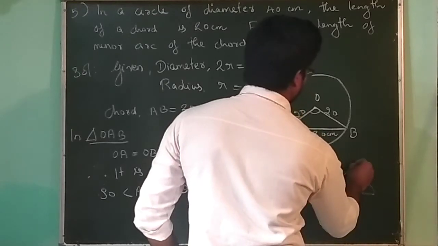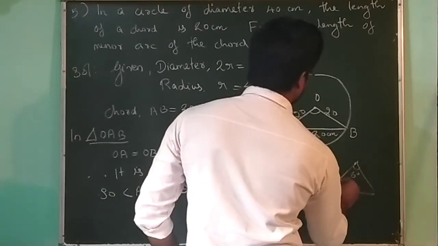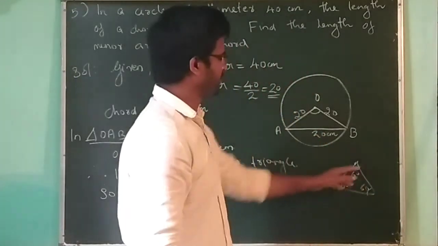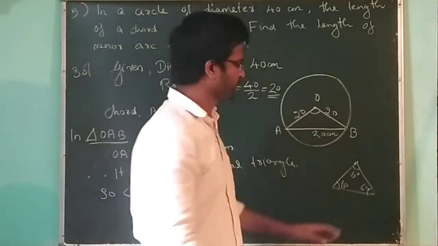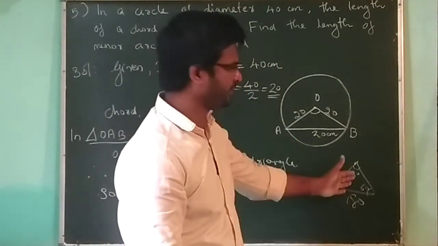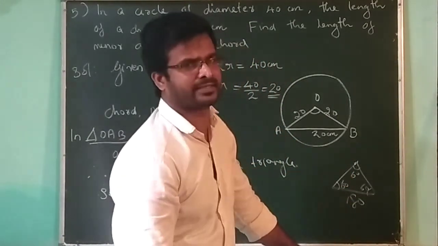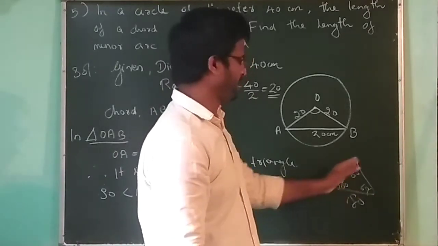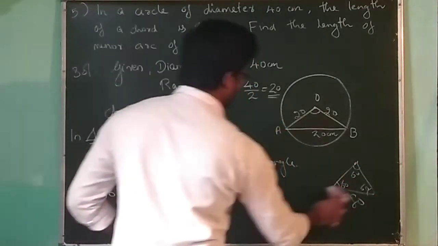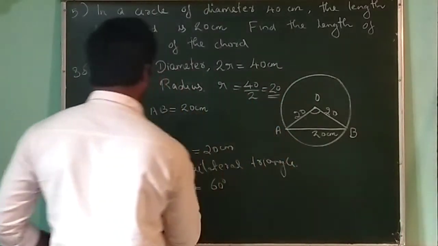All angles are equal means in here 60, in here also 60, in here also 60. 60 plus 60, 120, 120 plus 60 is 180. Sum of the angles in a triangle is 180. That means only we can take 60 degree. Then only all angles will be equal. Then we got one angle is 60 degree.